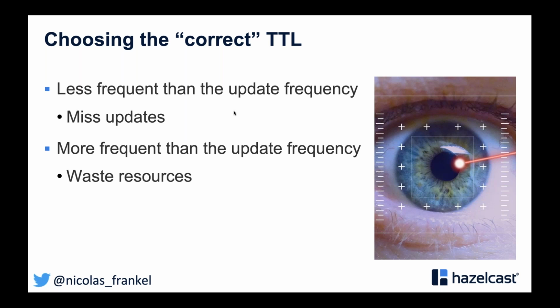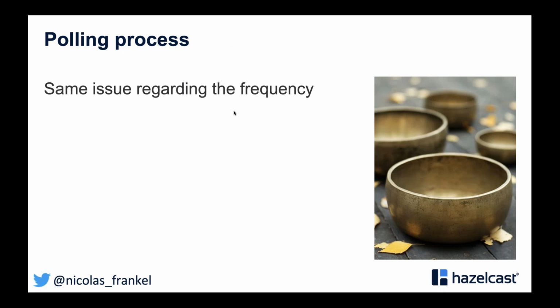So how can we manage that? We could schedule a polling process. So outside the cache, we have some process that does a job of reading and writing. But again, we need to have a set frequency to have the schedule, and it doesn't work like this.